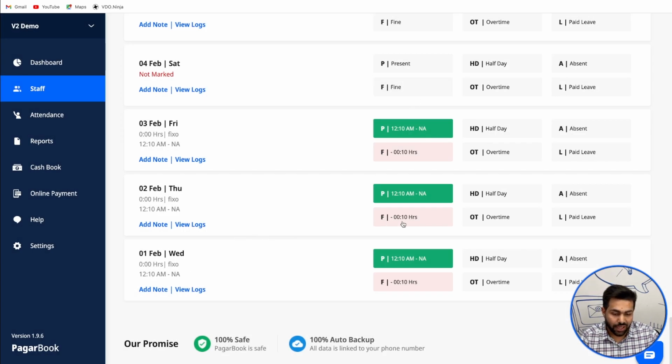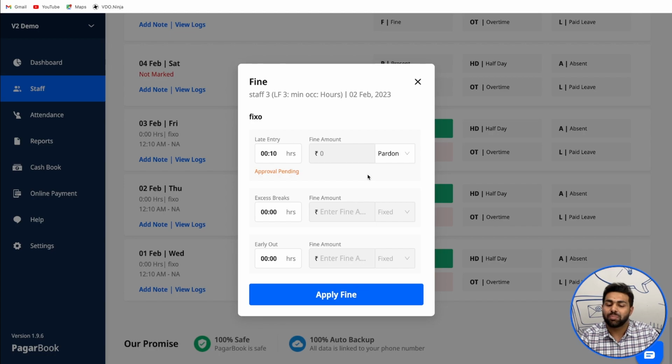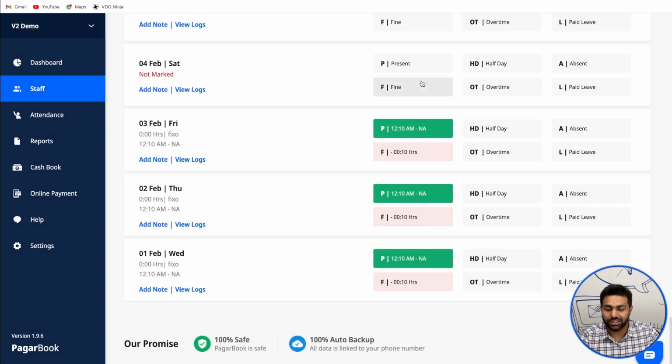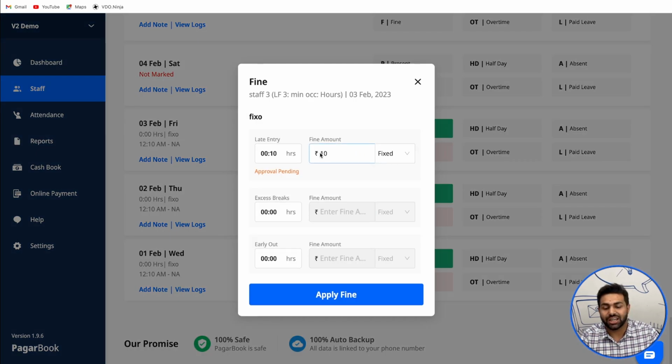Again on 2nd Feb he comes late 10 minutes, so this is also under 20 minutes, so fine is pardoned, no fine charged. But on 3rd Feb, now it exceeds 20 minutes and hence fine will be charged. So here fine of 10 rupees is charged.